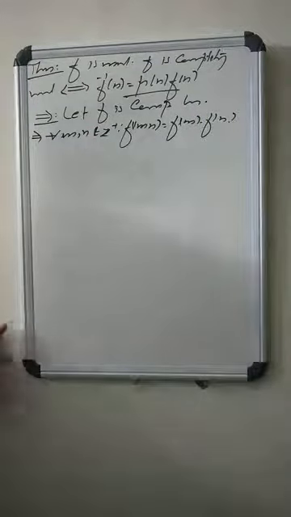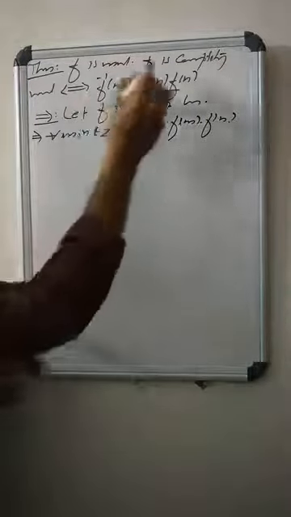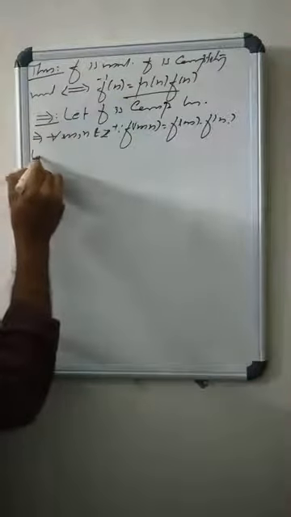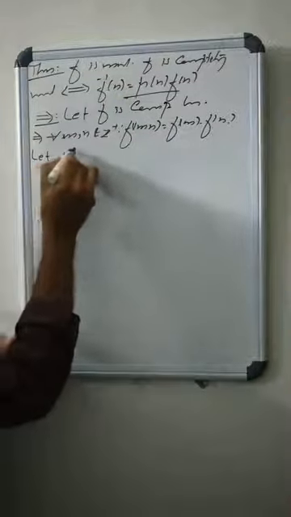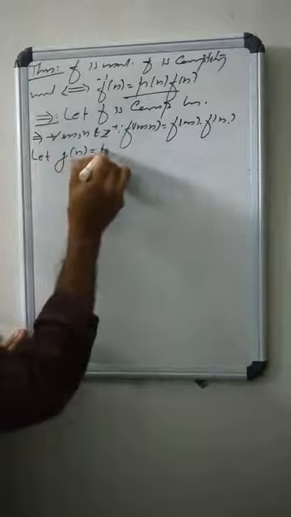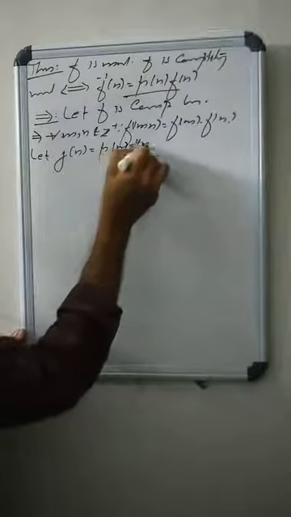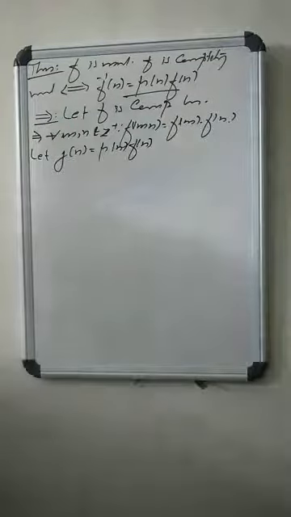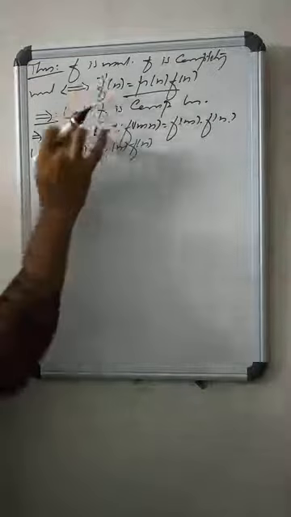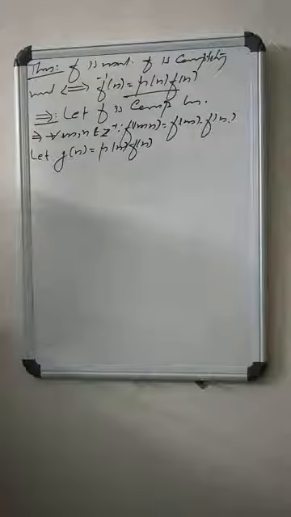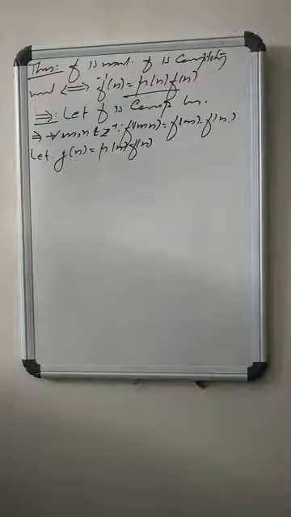Okay. Now, to prove f inverse n equals mu n into f of n, let g of n equal mu of n into f of n. That's only for the sake of notation. Then it remains to prove g equals f inverse.